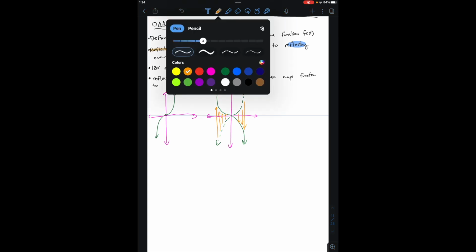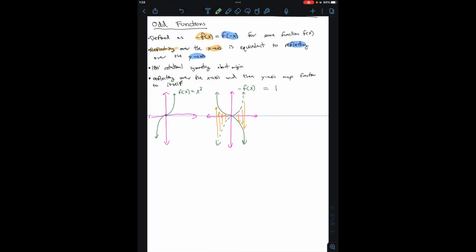But that's going to be equivalent to reflecting over the y-axis, f of negative x, because if I put this all together here, and I reflected this function over the y-axis, right? Actually, let's do it dotted.